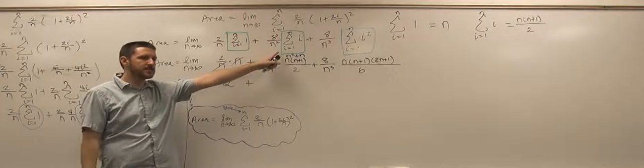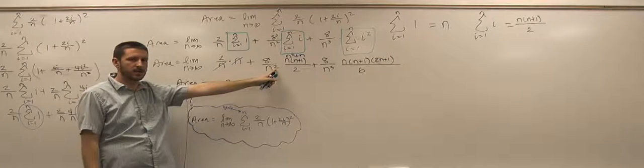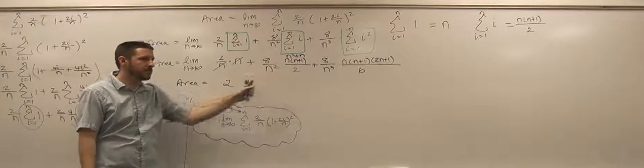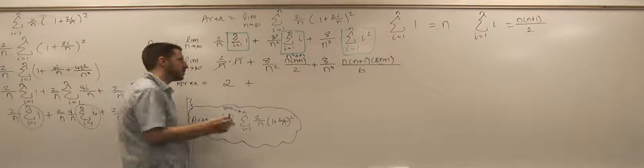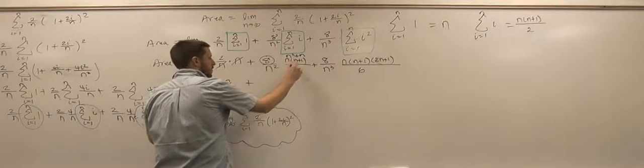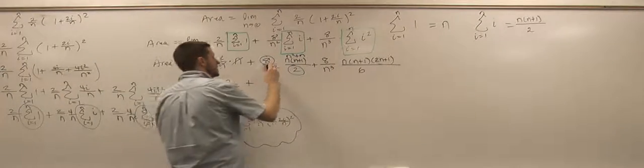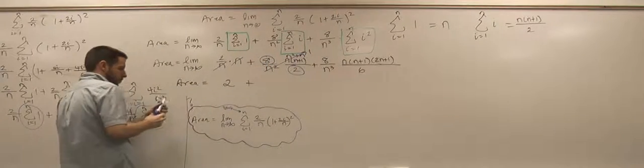So the degree on top is n squared, and the degree on bottom is n squared. So if you remember, as long as the exponents are the same as you go to infinity, you can just take the ratio of the coefficients. Right, as you go to infinity, this part is going to go to 1, so all you have left is 8 over 2.